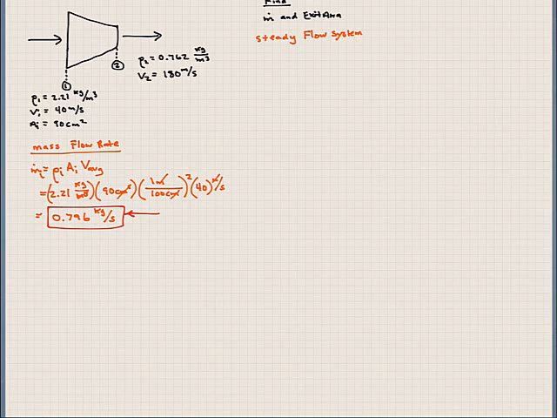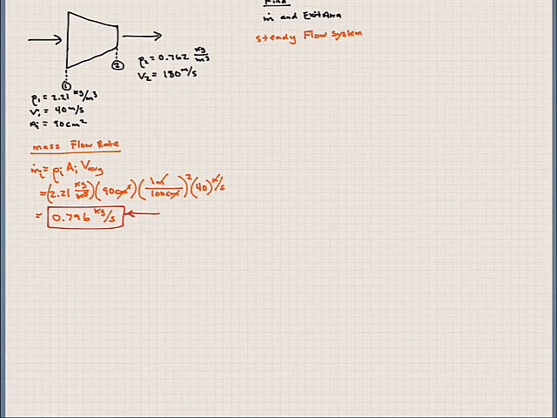Now let's talk a little bit about it. What can we expect the mass flow rate at the exit of this nozzle to be? This is just a side note, but since we don't have any other mass flow rates coming in, and there's no accumulation, typically in a nozzle we're not going to have any accumulation of mass, and we're usually going to have steady flow operations.